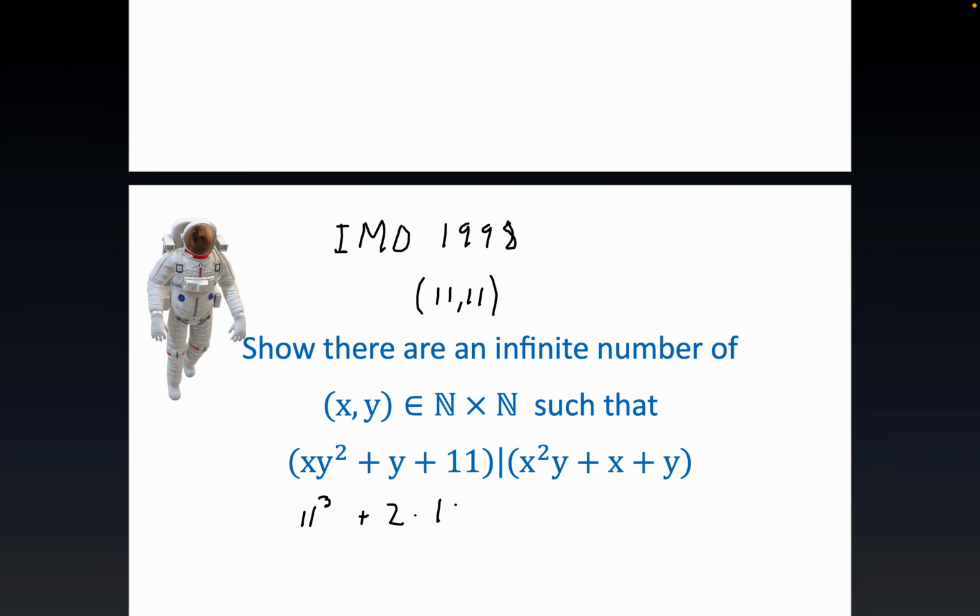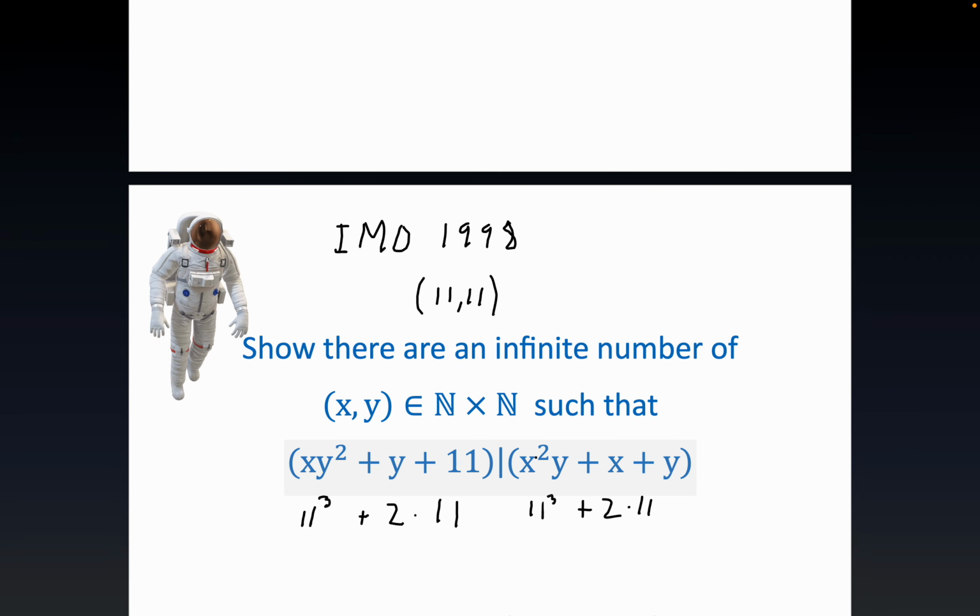This divides operator means that this guy right here divides this evenly. In other words, you think of it as a fraction that's equal to an integer. In the same thing over here, you get 11 cubed plus 2 times 11. So a number certainly divides itself.